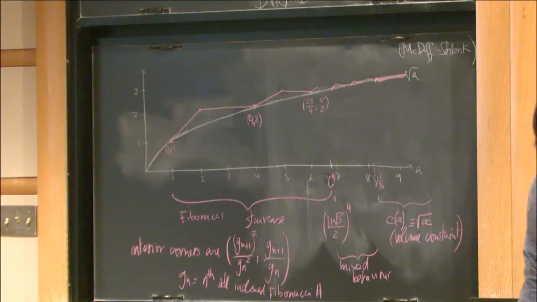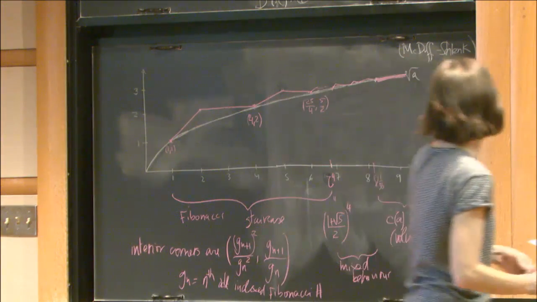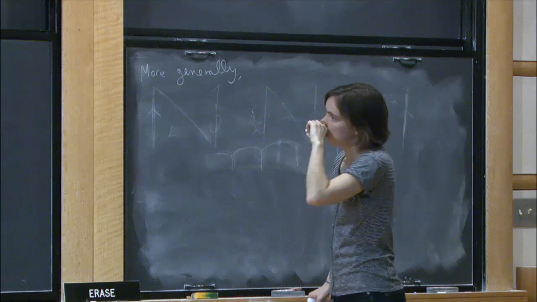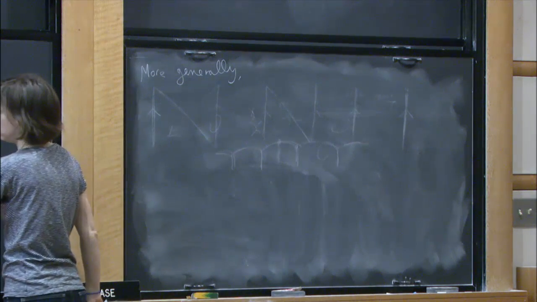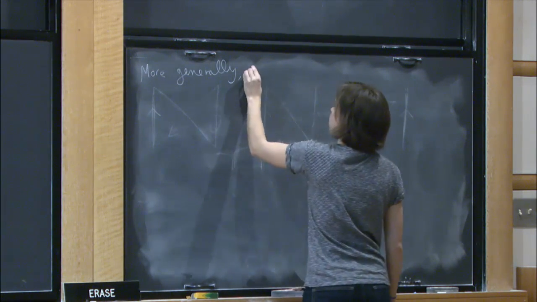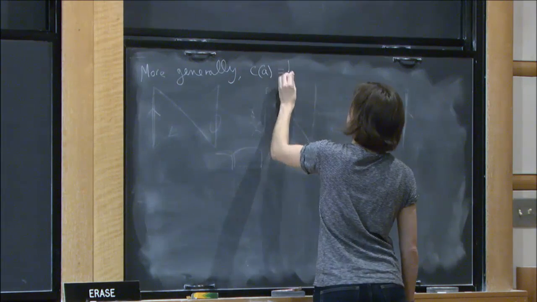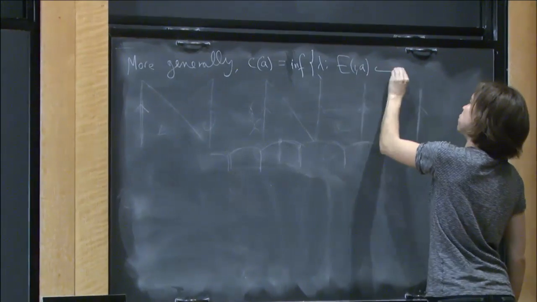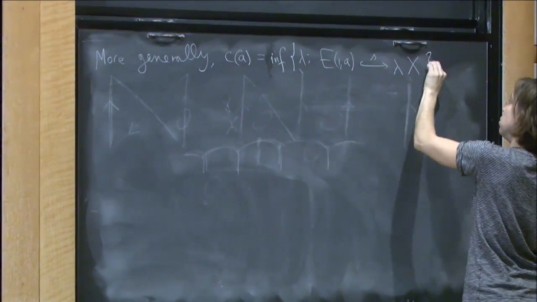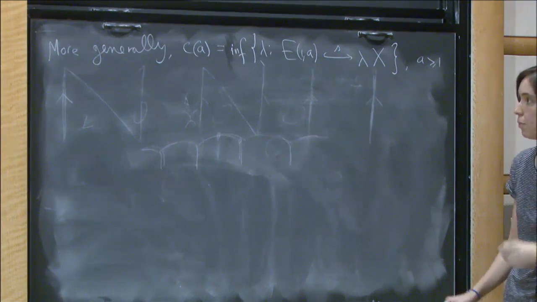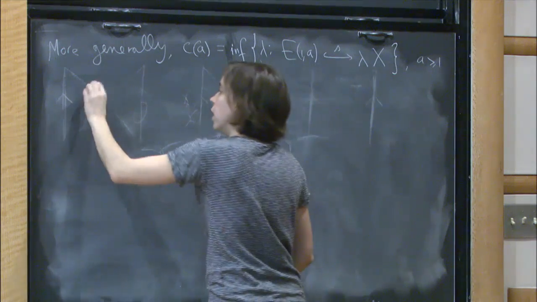I guess I can write over there. Okay, so more generally, we can ask this question not just about the ball, but about any four-dimensional symplectic manifold. So you can define C of A as the smallest lambda such that E(1, a) embeds symplectically into a lambda scaling of X. And indeed, people have asked this question.